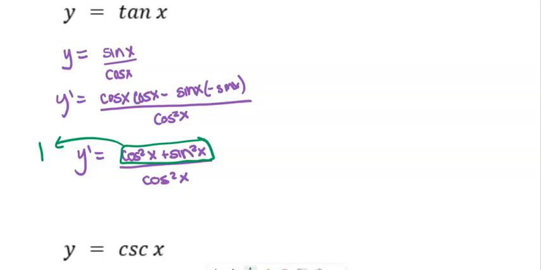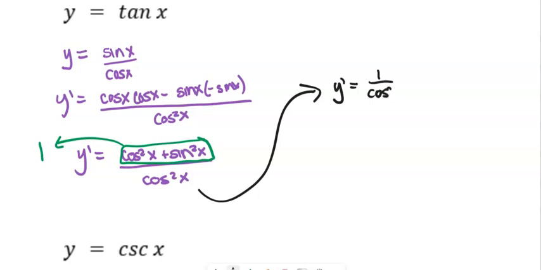Okay, cos x squared plus sine x squared equals 1, following Pythagorean theorem. So in the end, y prime equals 1 over cos squared x. And this is actually just secant squared x. So the derivative with respect to x of tan x is secant squared x.